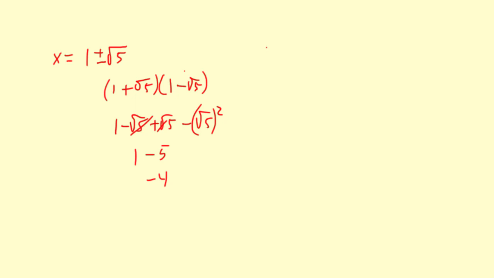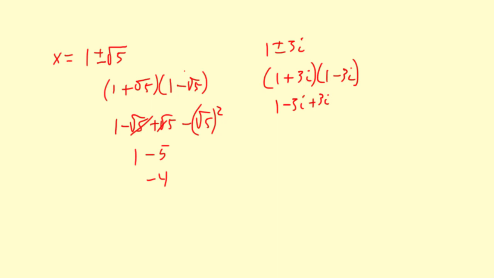So if you have, say, 1 plus or minus 3i, these are conjugates. So if you FOIL them out, you do 1 plus 3i times 1 minus 3i. And 1 times 1 is 1. 1 times negative 3i is minus 3i. Plus 3i times 1 is plus 3i.